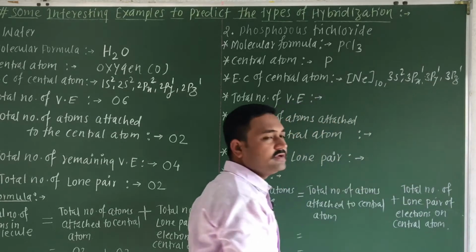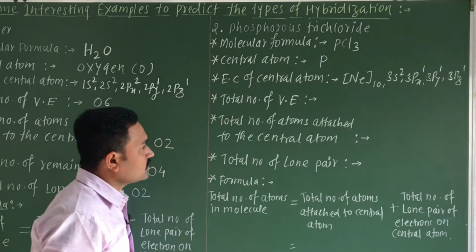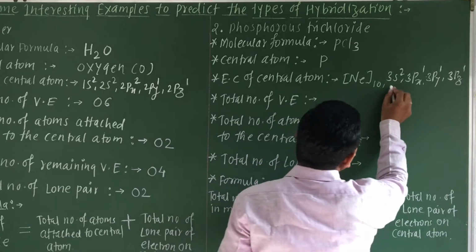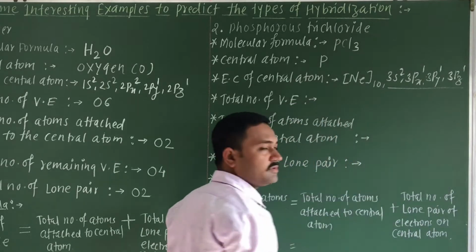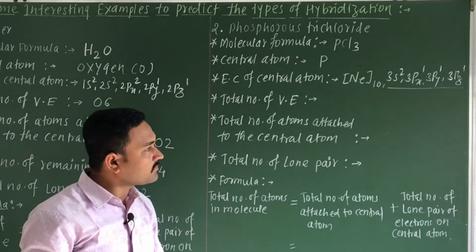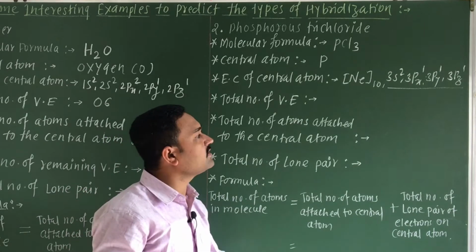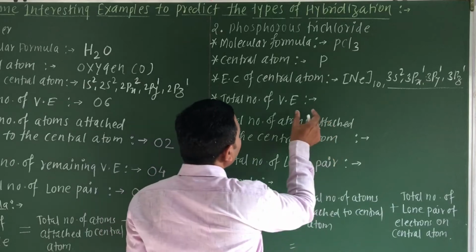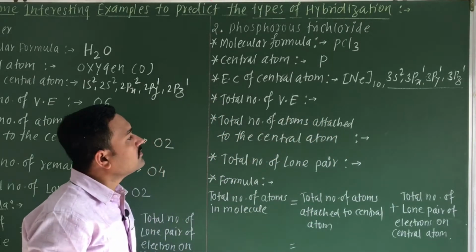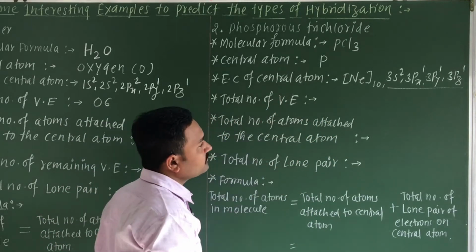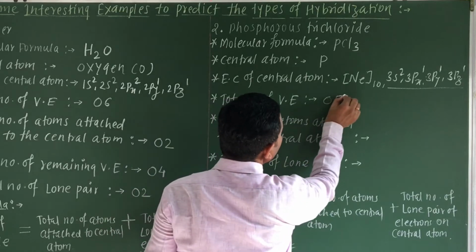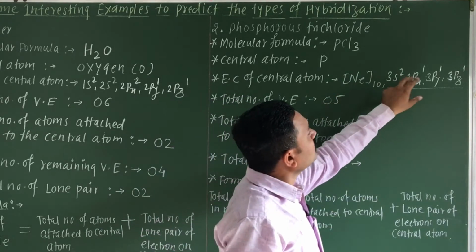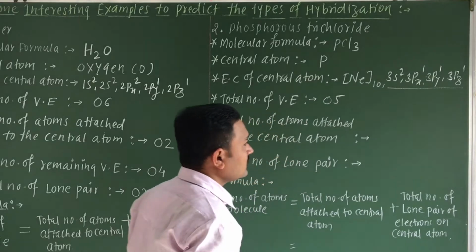So the total electrons will be 15. The 3s and 3p atomic orbitals are the valence atomic orbitals, and the electrons present in them are the valence electrons. Hence the total number of valence electrons in the central phosphorus atom is equal to 5, that is 2 plus 3.